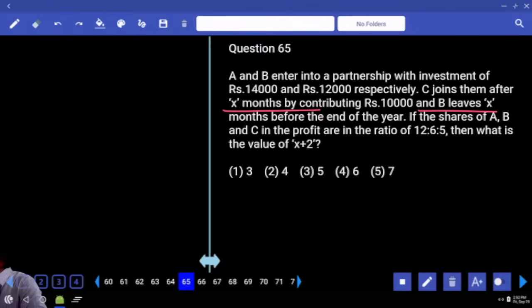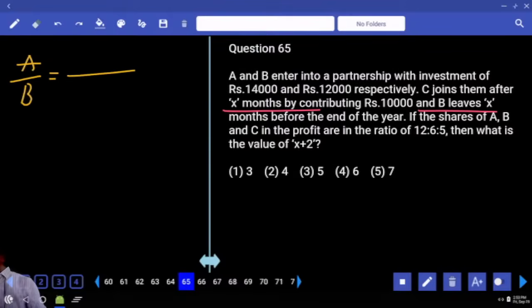X is related with either B or C. So what you can do is take either A and B, or A and C. What if you take A, B, C? Won't you get the answer? Yes, you will get it, but it is time taking. Either consider A and B, or A and C. Why A? Because we have every data about A.